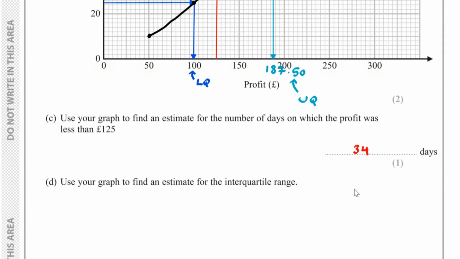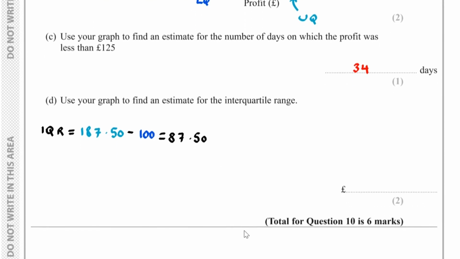And so therefore, for the interquartile range, we have the upper quartile subtract the lower quartile, and it turns out we get £87.50.